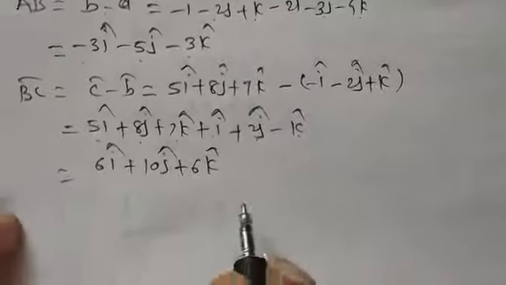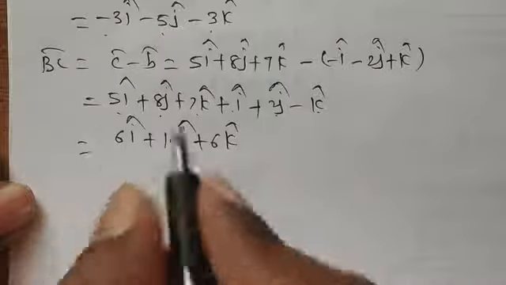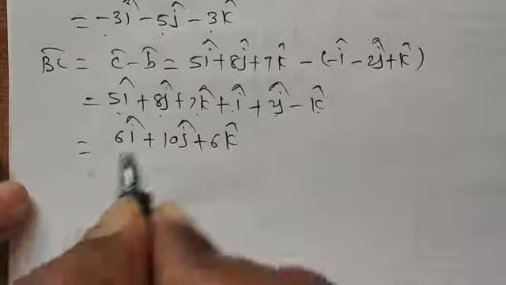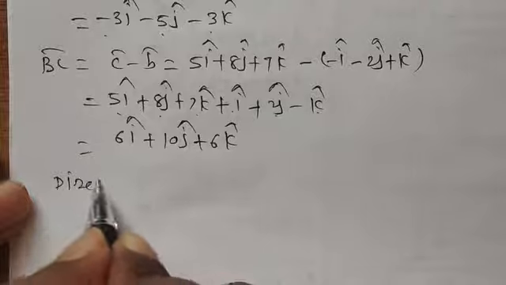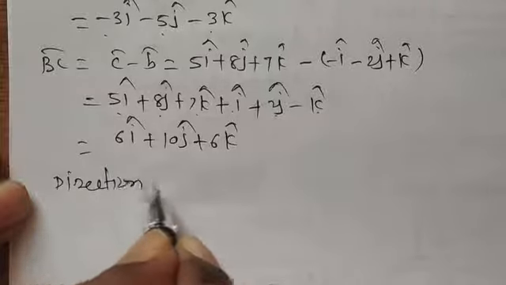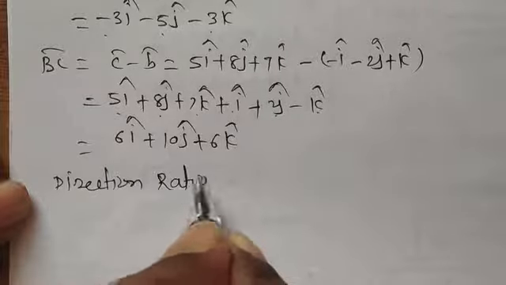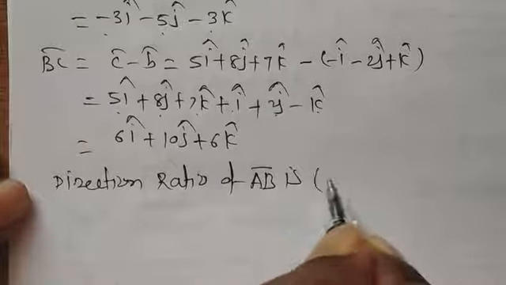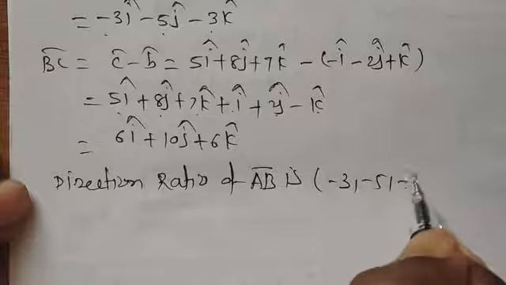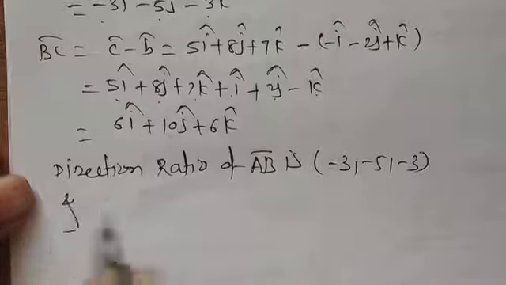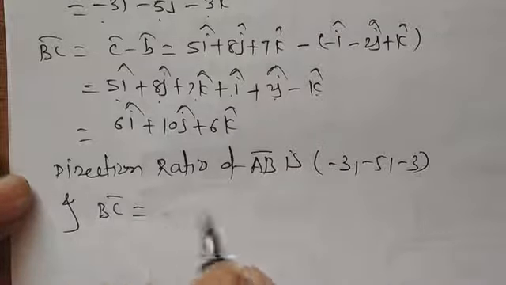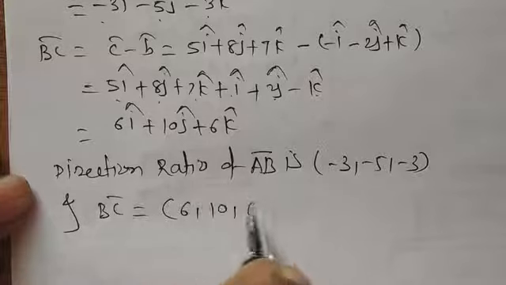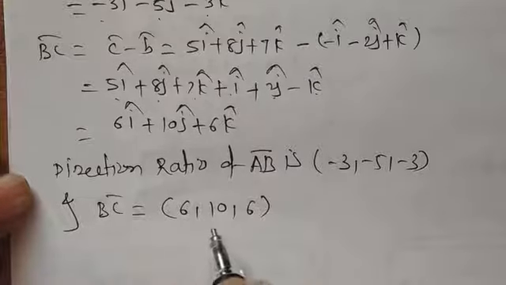Then the components of AB bar and BC bar, that is the direction ratios. AB bar is minus 3, minus 5, minus 3, and BC bar is 6, 10, 6. Then check the ratio.